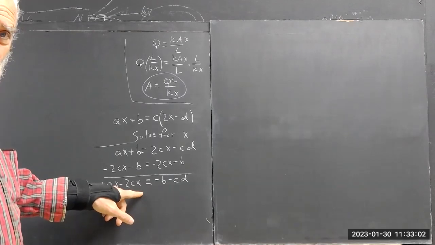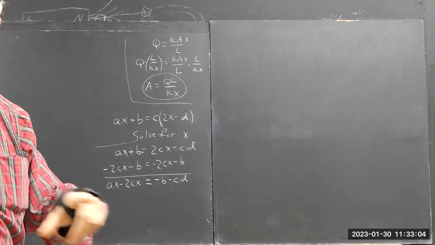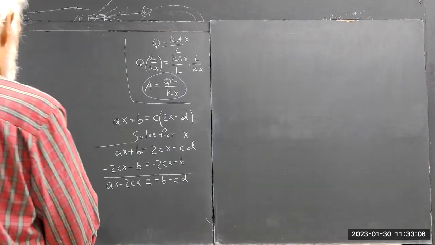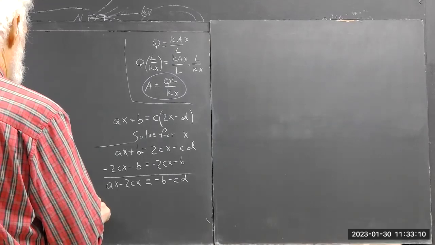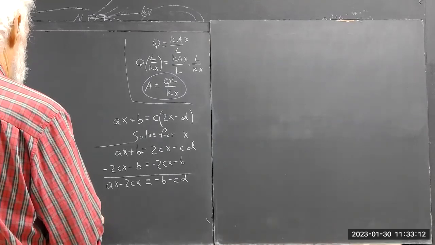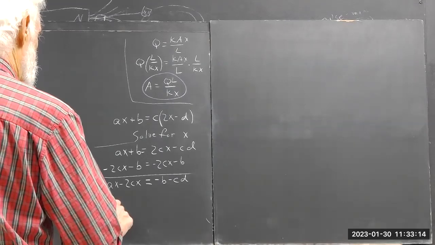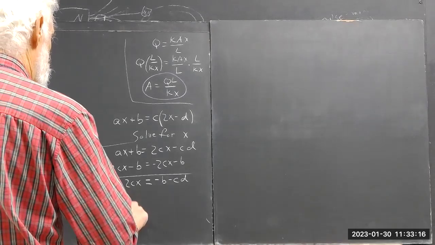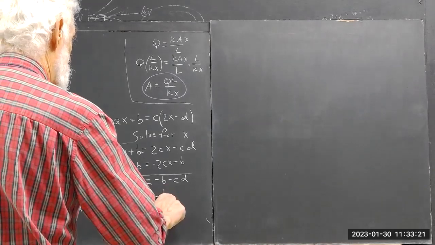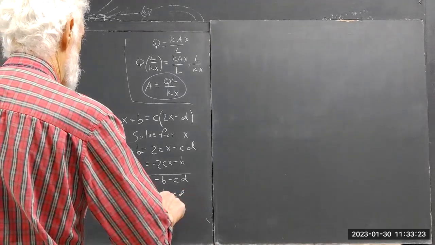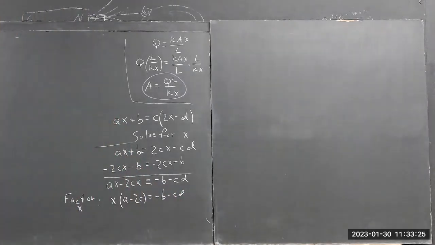We can factor out the X. Then it'll be obvious what we can divide by. So factor X, we get X times A minus 2C equals negative B minus C.